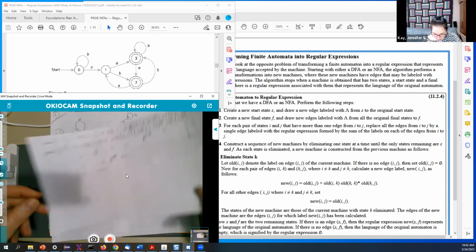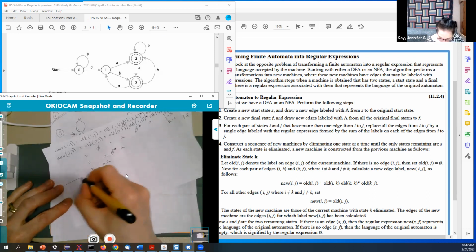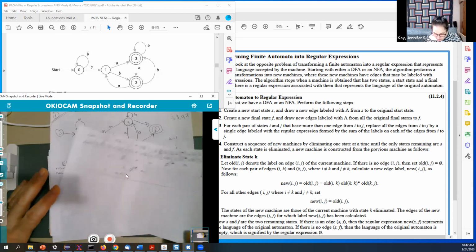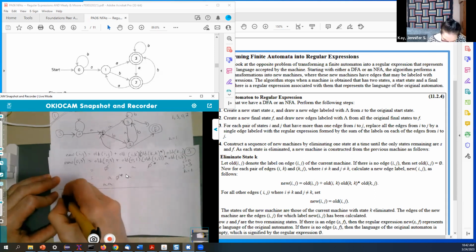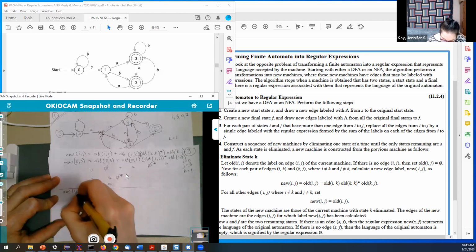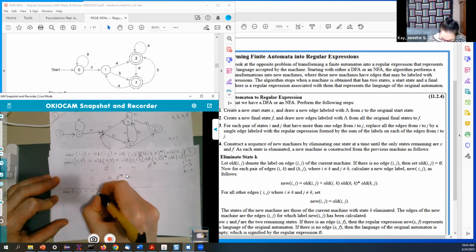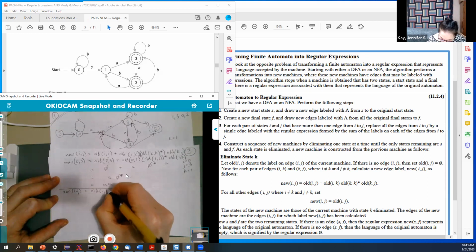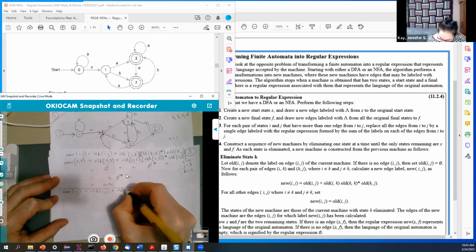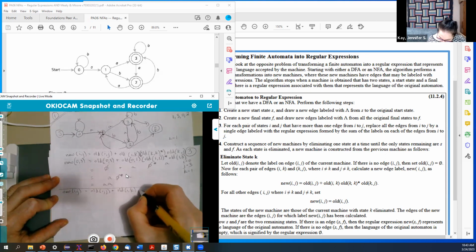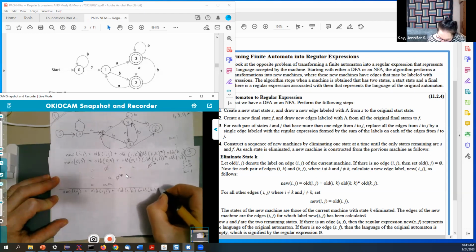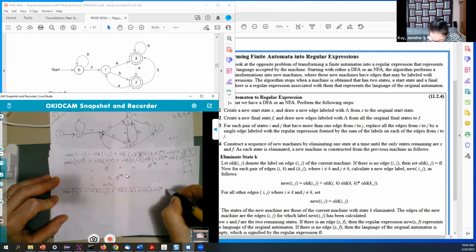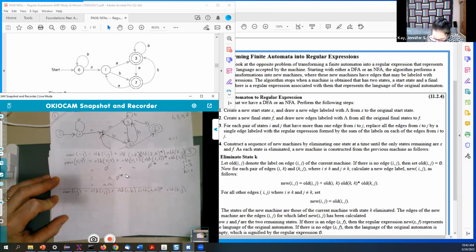We just need to do 2 to 3, and maybe we could do it on the same piece of paper. So we write that equation again. The new ij equals the old ij plus the old ik times the old k to k, the whole thing starred, times the old k to j.